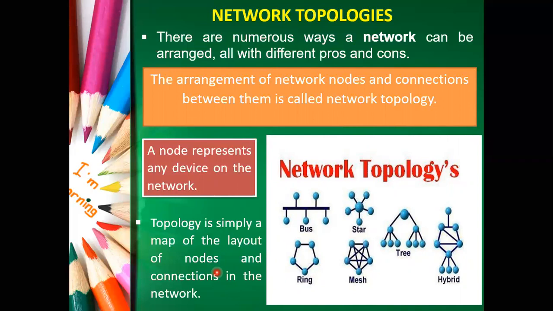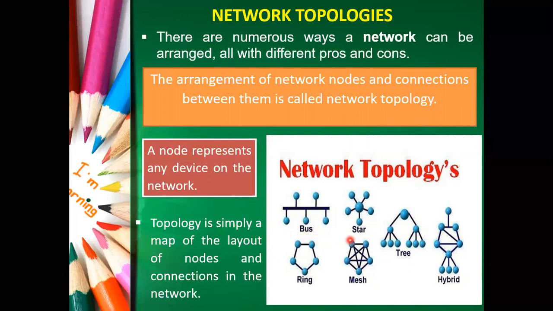On the basis of the interconnection, or we can say different types of arrangement that can be done between the nodes, are the following. Computers can be connected using bus topology.